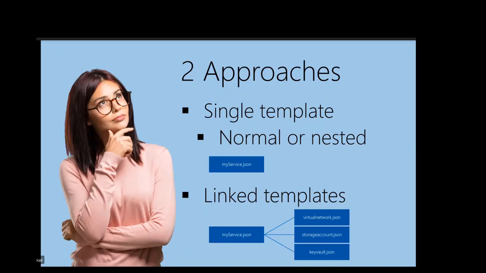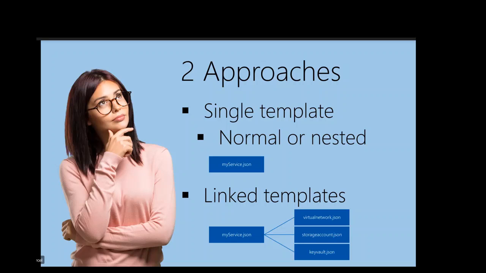Single file deployments also support something that's called a nested deployment. I just mention it here. It's not something we normally suggest customers to use. So we either go for a very normal single file approach or a linked template approach. We normally suggest to use a linked template approach.